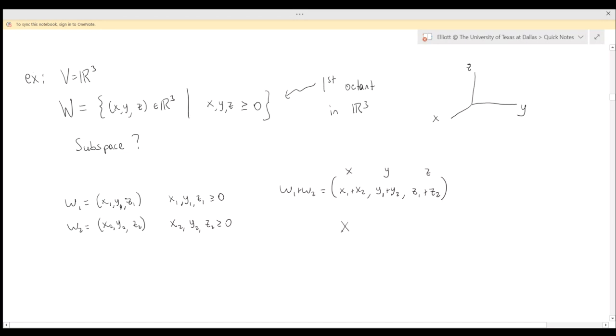So x is greater than or equal to 0 because x1 and x2 were greater than or equal to 0, so the sum should also be. Same for y and z. So this would show that it is closed under addition.